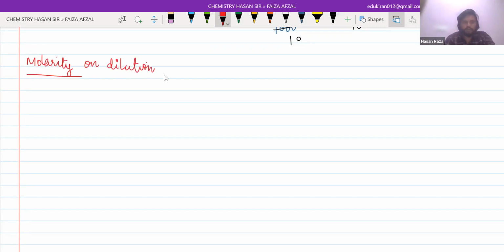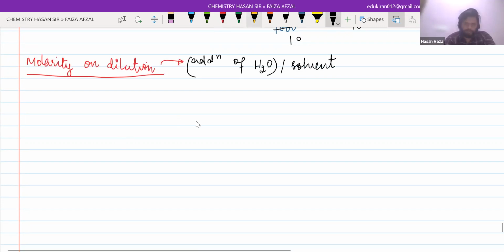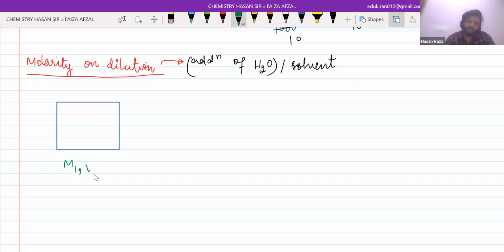Dilution basically means addition of solvent, or in our terms generally we dilute by water, addition of water or solvent. So let's see, there is a container. In this container, molarity is, let's say, M1 and volume is V1.